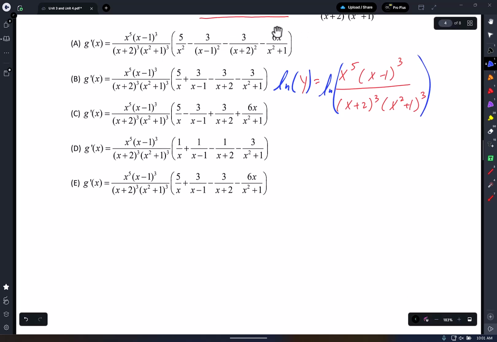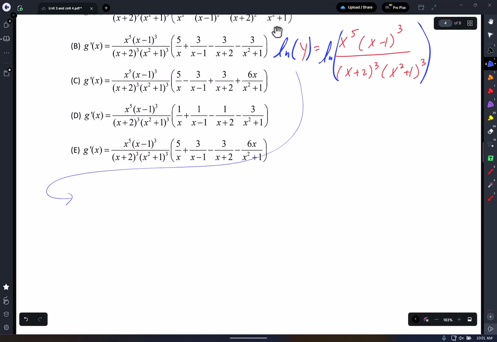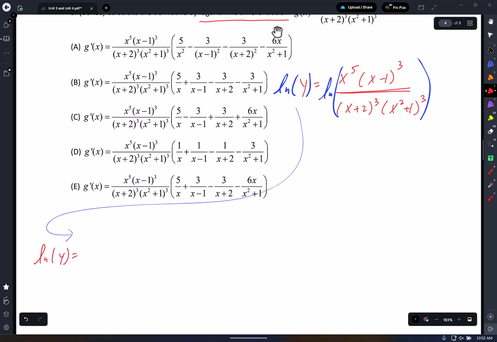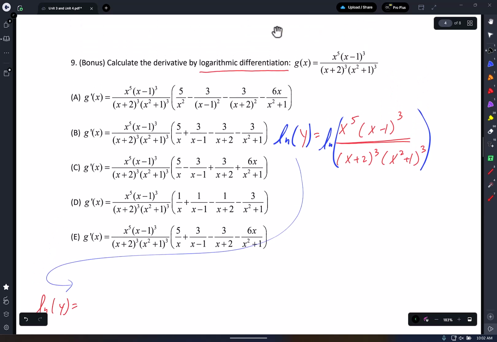So here's what I have: ln of y equals ln of all this, but look, there's a division, so that means, let me do a side note: ln of a over b equals ln of a minus ln of b.